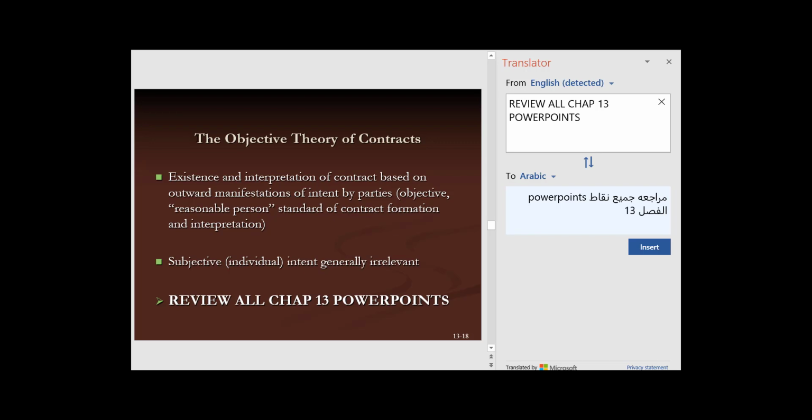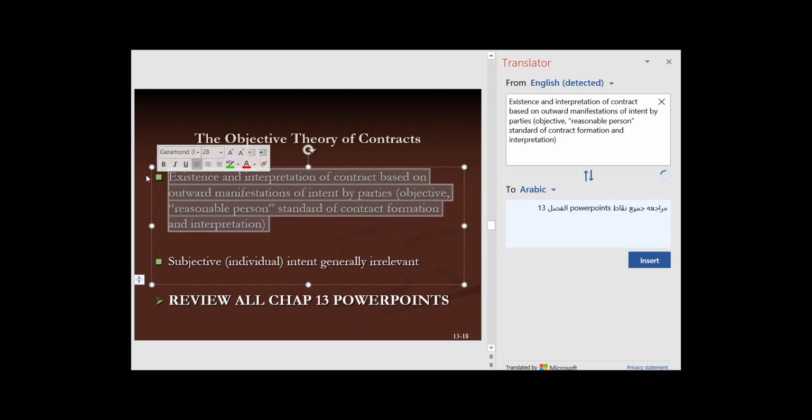Say two people are in a restaurant talking, they're happy, and at the end they shook hands or gave whatever indication that they agree. Then that is what is considered objective. We're looking at it as a third person saying, yes, it looks like they were talking contract and they agreed. So this is what you've got to look for.